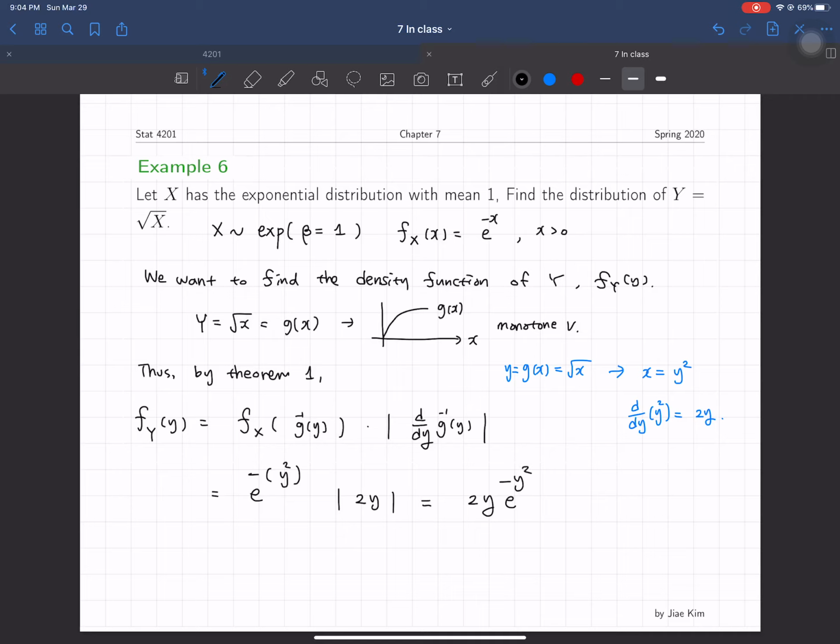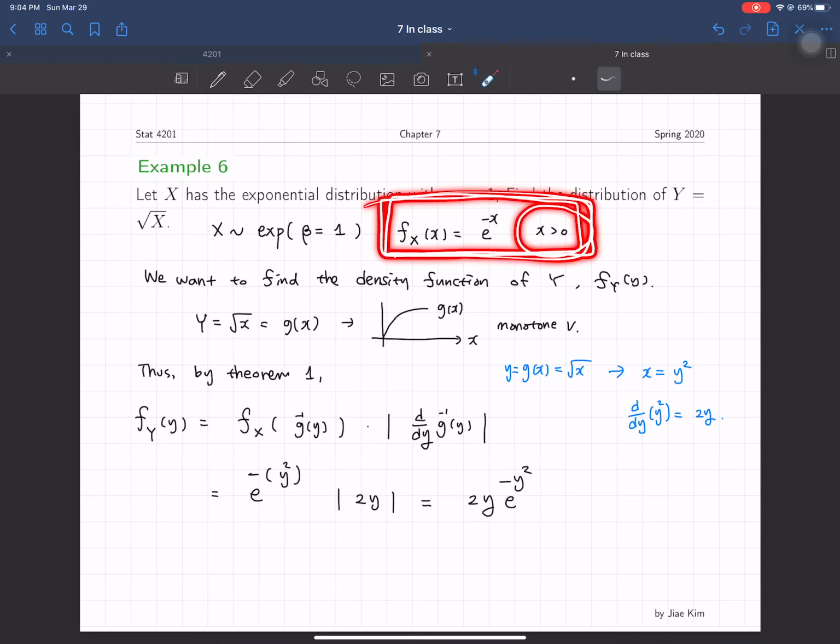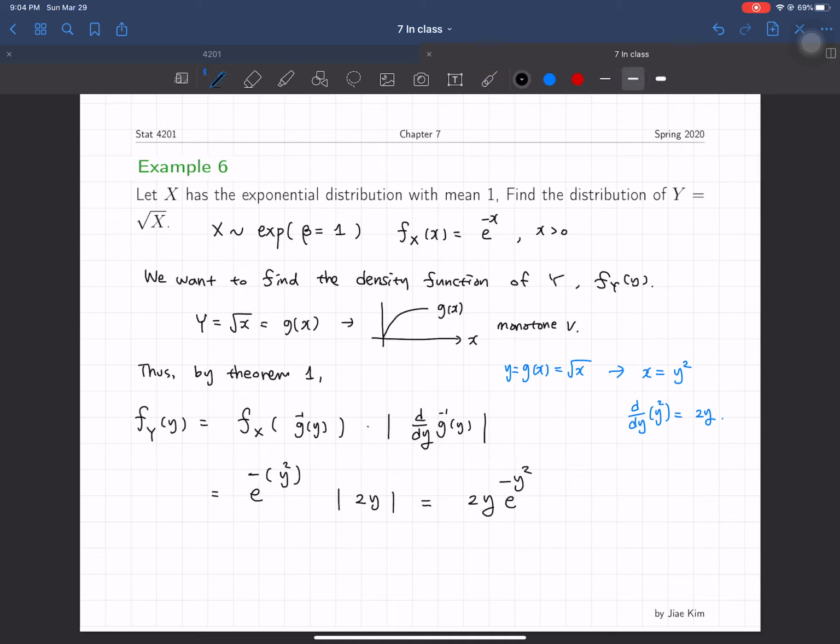Okay, this is not the end, because when it comes to defining the density function for a random variable, what we really need to be careful about is the support of the given random variable. For X, we know the support is the positive values of x. In this case, what is the possible value of Y?